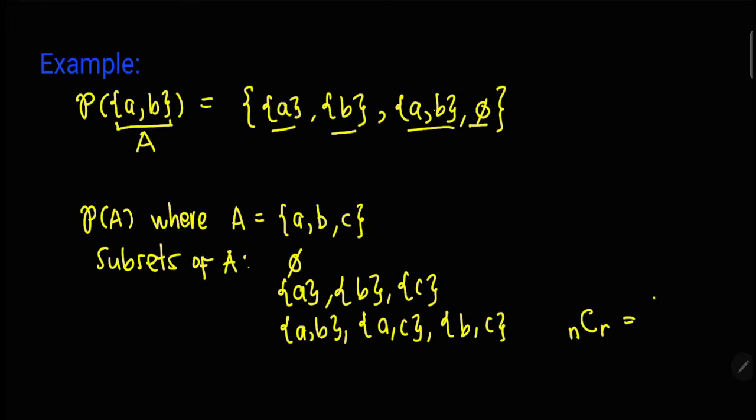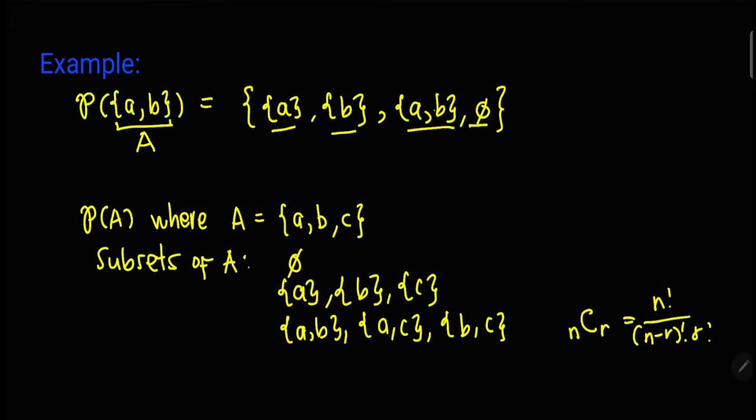That's n factorial over n minus R factorial times R factorial. So, 3 taken 2 is 3 factorial divided by 2 factorial times 1 factorial, or that's 3. So, from that formula, we have 3 elements of the power set with 2 elements of A.